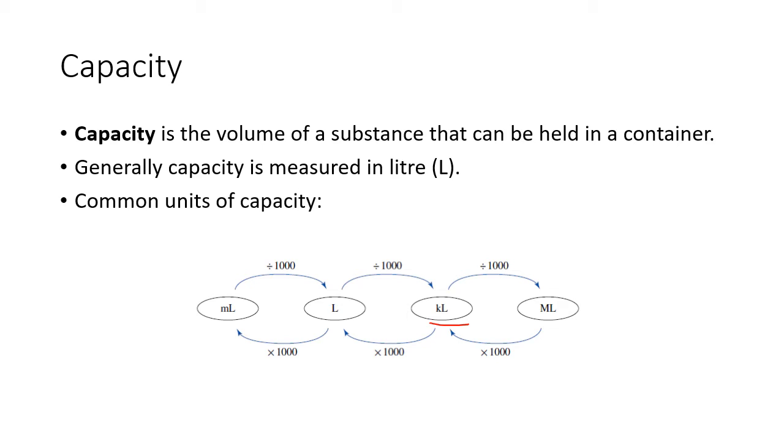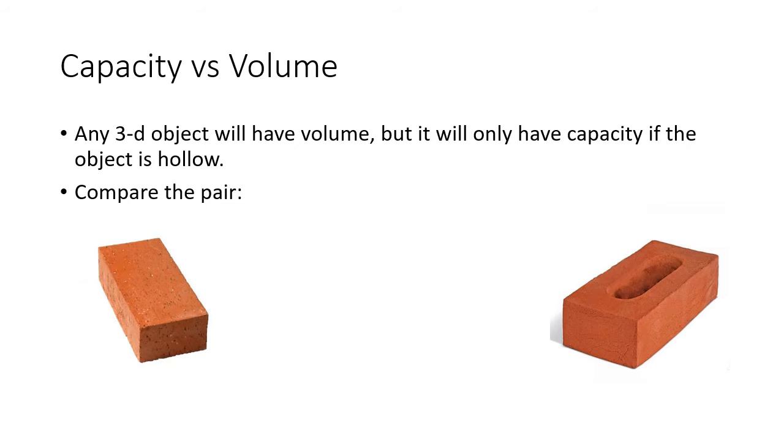So it's not uncommon that when people are talking about capacity and volume, they will occasionally switch between the two, and that's fine. Just be careful with questions that you follow the units that are in the question. If a question's talking about litres, generally you're going to answer in litres, or if a question asks you to give a specific unit, then you should give that specific unit.